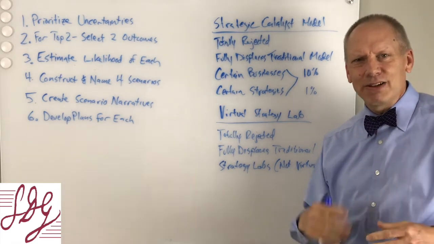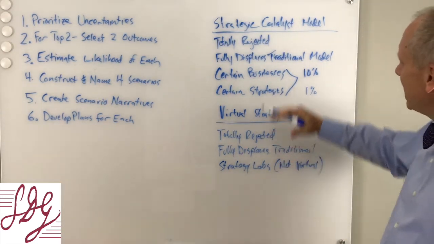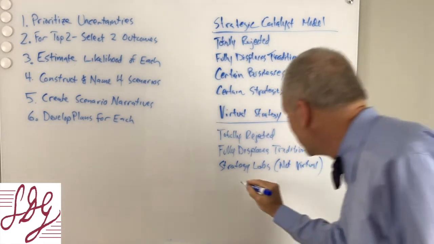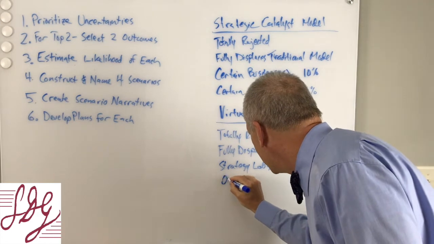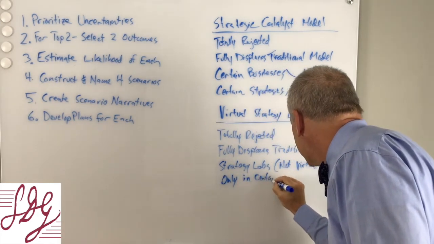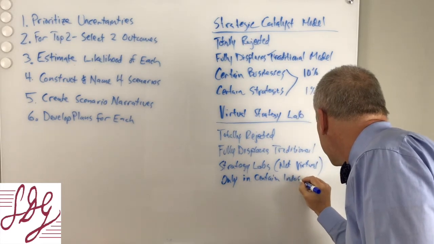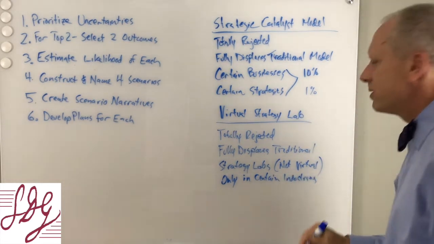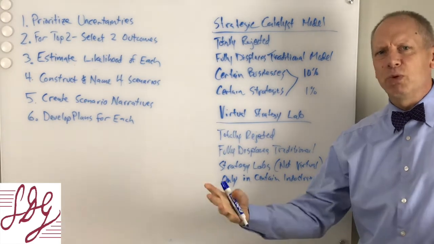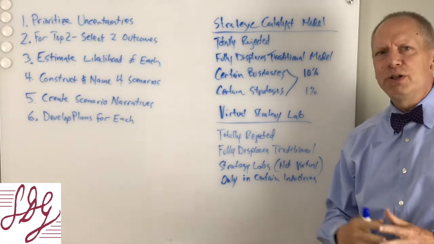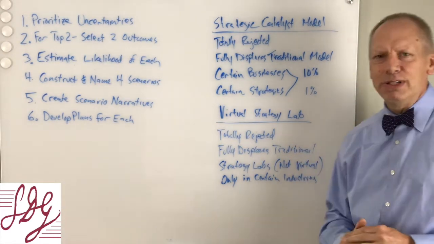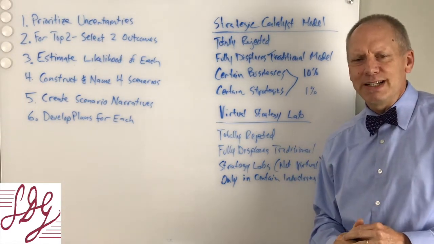And then the other one I would mention, which is a little different from some of what we had here, is that maybe it's only in certain industries. Maybe there are some industries that are more aggressive in adopting a distributed and virtual workforce model, and they would be more likely to adopt the virtual strategy lab.